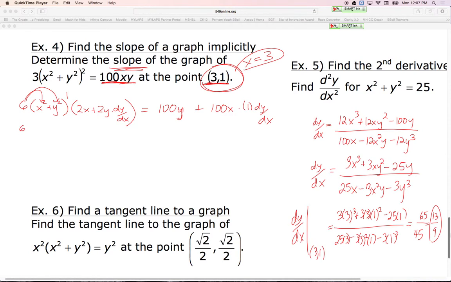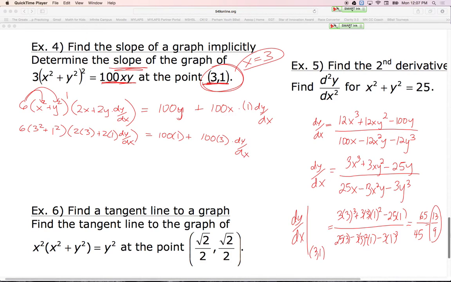Here we go. 6 times (3 squared plus 1 squared) times (2 times 3 plus 2 times 1 dy/dx). And as you plug it in, some of you are so good you might even start simplifying this as you go, because it's just numbers now. 100 times 1 plus 100 times 3 times dy/dx.